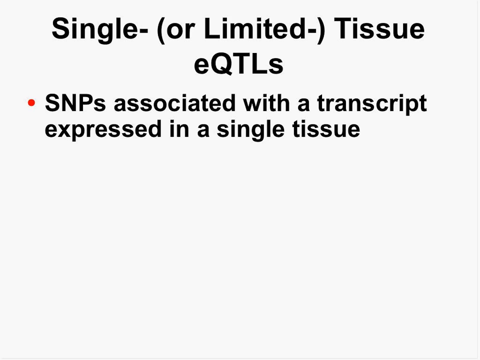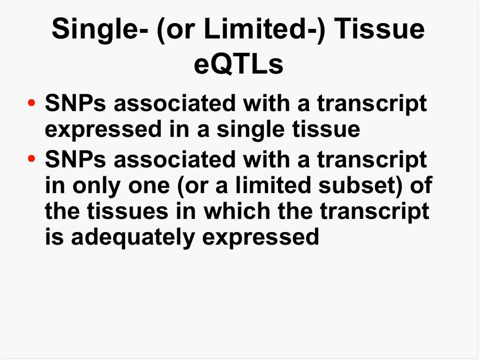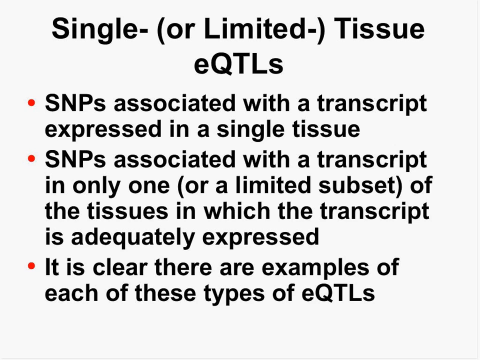And any DNA variant that is associated significantly with transcript levels in that context doesn't really have the opportunity to be observed as a cross-tissue eQTL because the transcript simply is not expressed so widely. But of course, we will also see SNPs associated with a transcript in only one or a limited subset of the tissues in which that transcript is adequately expressed. And there are clear examples of each of these types.